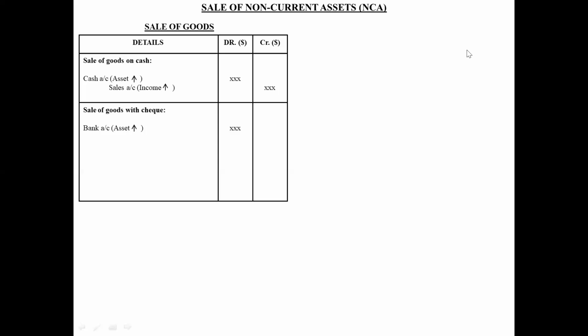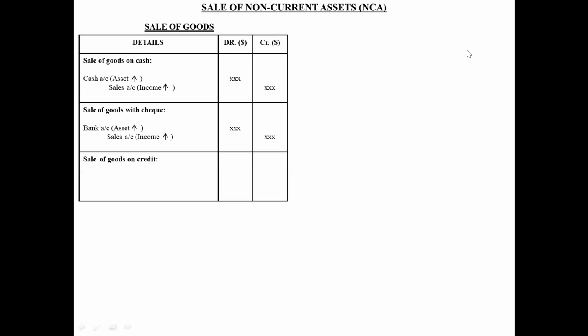When you are selling goods and receiving a check, you are going to deposit this check into the bank and your bank account will increase. And sales account will be credited because when you're selling goods, you use sales account, and sales is an income. Whenever income increases, it has to be written on the credit side.